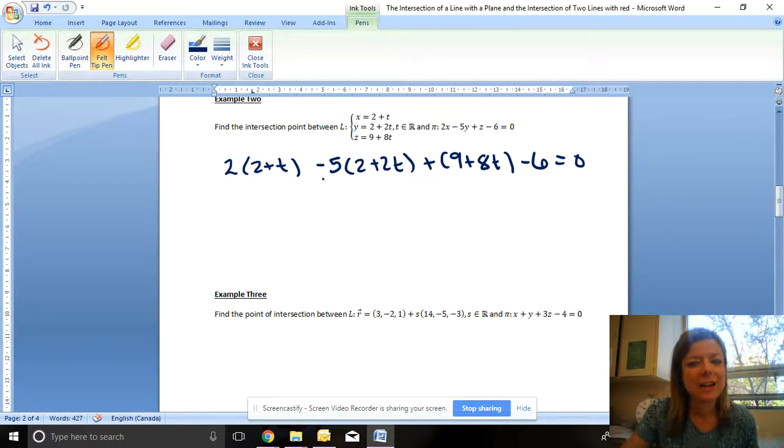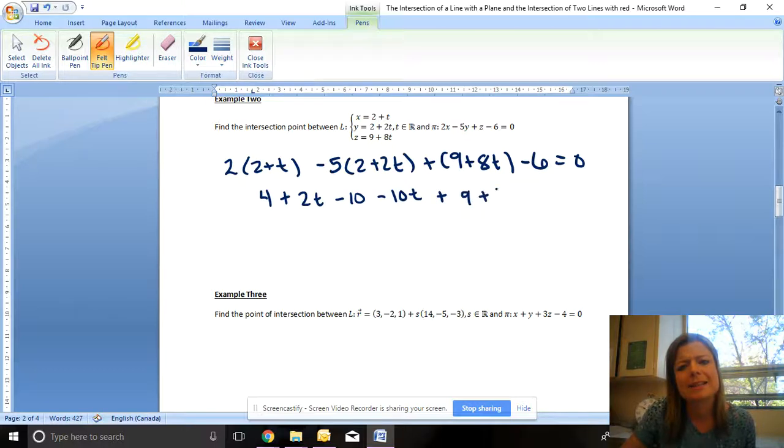What happens here though is that you get 4 plus 2t minus 10 minus 10t plus 9 plus 8t minus 6 equals 0. Notice that the coefficients in front of t cancel each other out.